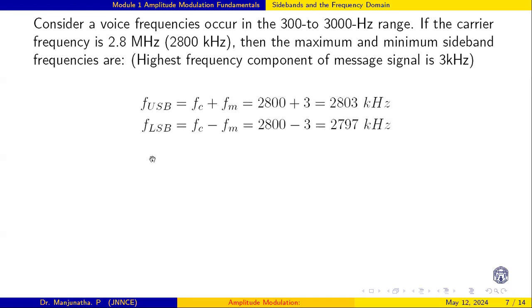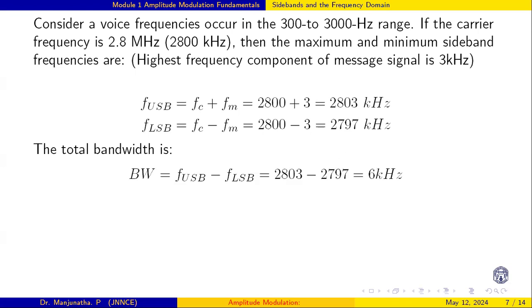The upper sideband is fc plus fm, that is 2800 plus 3 kilohertz, and the lower sideband is fc minus fm, where 3 is the highest frequency of the message signal. That is 2803 kilohertz and 2797 kilohertz. The total bandwidth is upper sideband minus lower sideband, that is 6 kilohertz, the difference between these two.